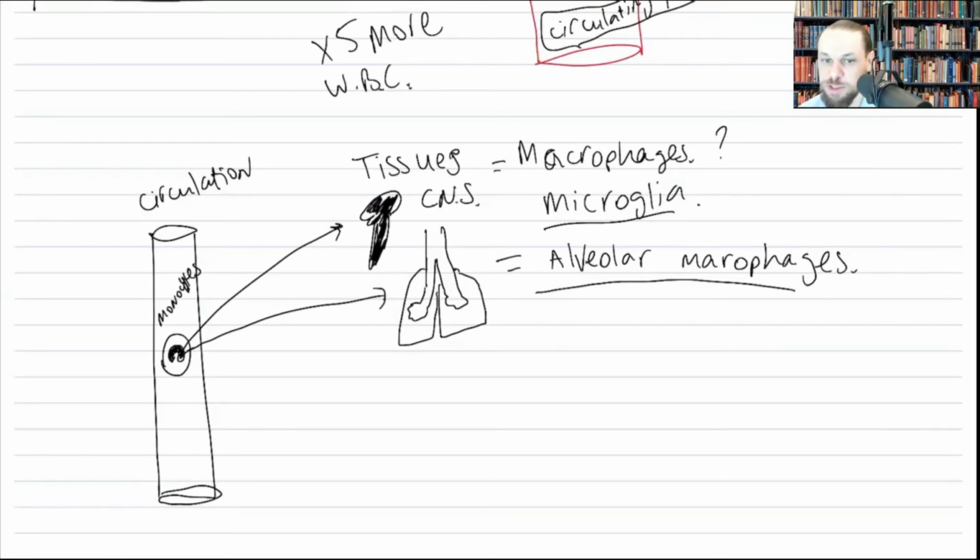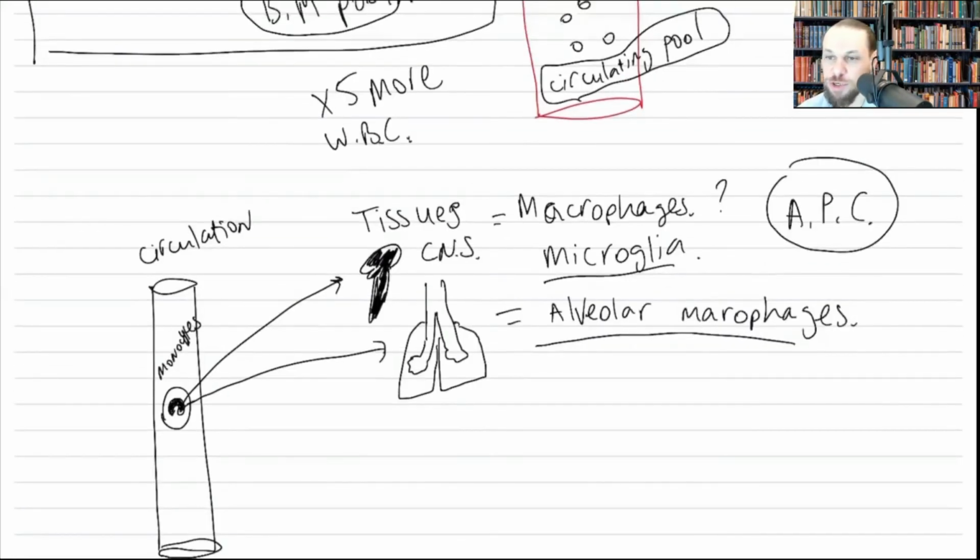And the moment they see these foreign invaders, we're going to talk about some of the functions they perform. One function will be phagocytosis, where they engulf the bacteria. Another function, they're also called antigen presenting cells. So they can take that antigen and then, as you were talking about, Helmi, they can present that antigen to your lymphocytes, the T cells and the B cells.